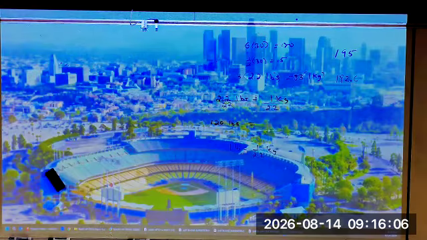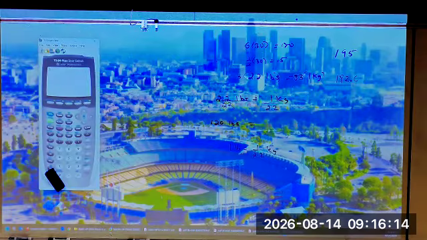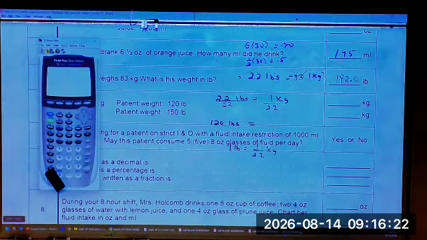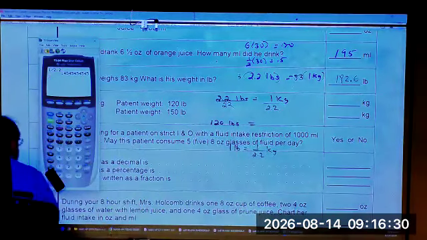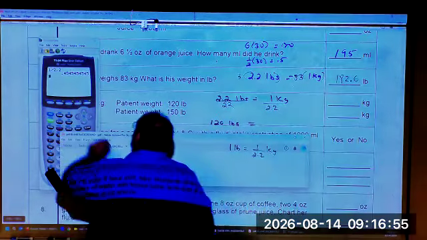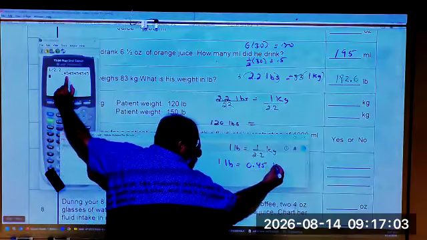Now, if you prefer, you might want to change it to a decimal. So 1 divided by 2.2 is 0.4545. So 1 pound is equal to 0.45454545.